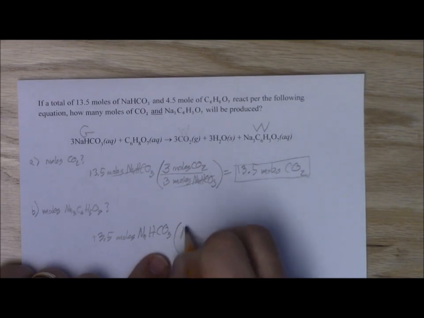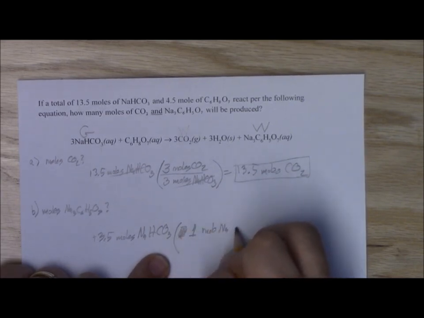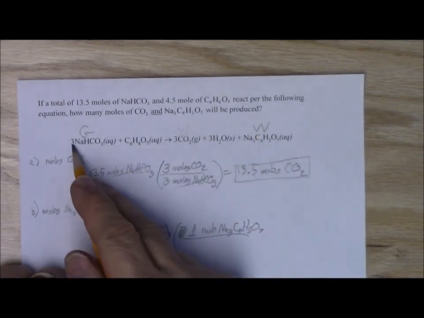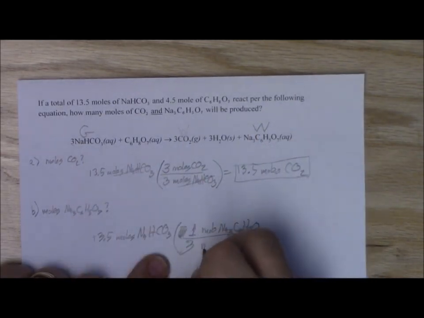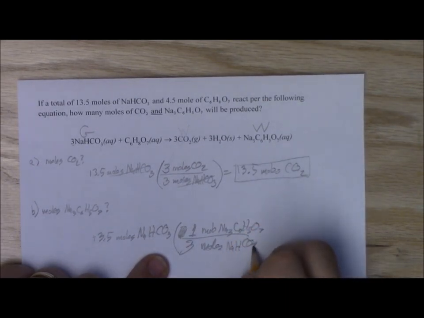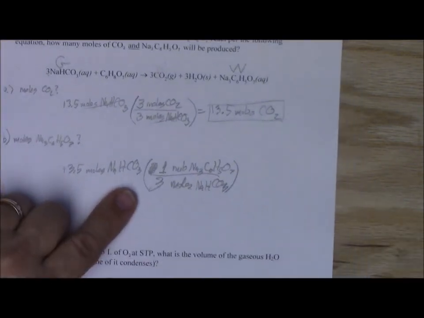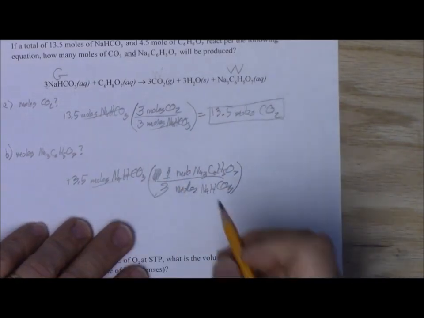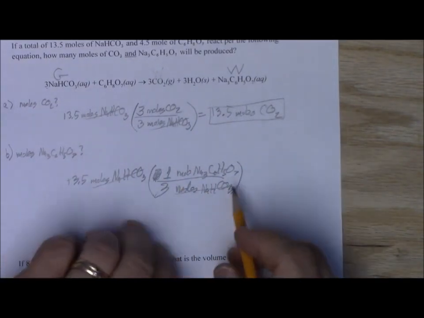So, well, I can't even make a 1. 1 mole of Na3C6H5O7 over 3 moles of NaHCO3. Okay, moles of NaHCO3 cancels with moles of NaHCO3.